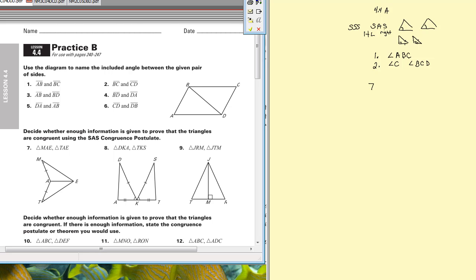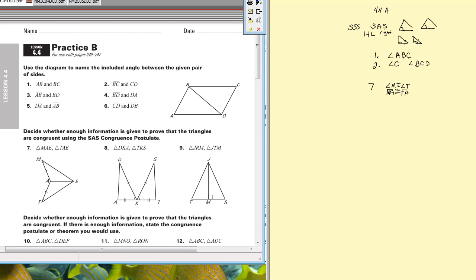Decide whether enough information is given to prove that the triangles are congruent using the SAS congruence postulate. Alright, number 7. It tells us that angle ILM is congruent to angle T, and that's given. It tells us that segment ILMA is congruent to segment TA.